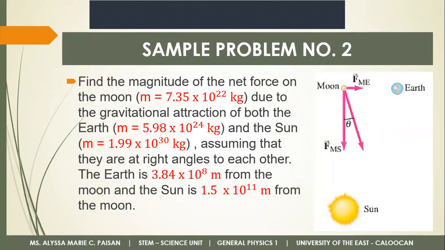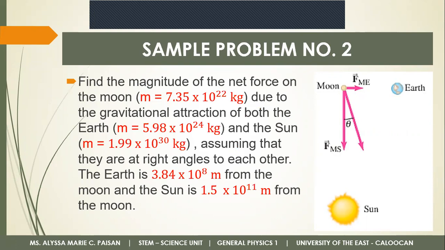Find the magnitude of the net force on the moon. So, yung kanina nating example is here on Earth. So, labas naman tayo sa Earth, no? Yan, the magnitude of the net force on the moon with mass 7.35 times 10 raised to 22 kilogram due to the gravitational attraction of both the Earth and the Sun, given yung mga masses nila, assuming that they are at right angles to each other.